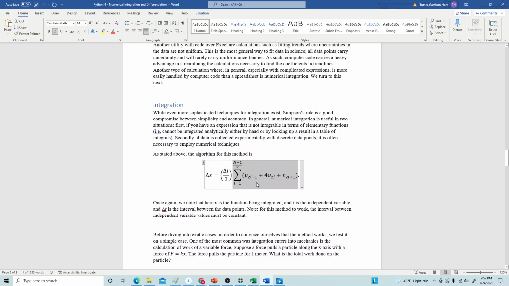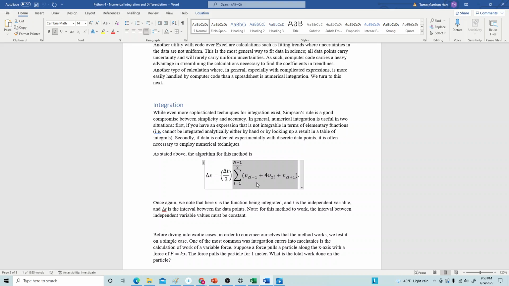So if you are at, say, the fifth element, then 2i would be the 10th element, and then subtract 1, so the 9th element. So you look at the 9th element, and then you add 4 times the 10th element, and then plus the 11th element.